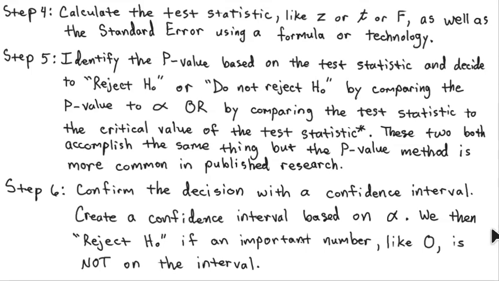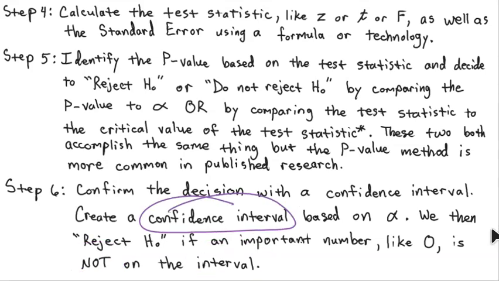If you have, basically all you do is create a confidence interval based on the alpha. The alpha helps you determine what the percentage confidence interval is going to be. And then once you have the confidence interval, you basically reject the null hypothesis if some important number, oftentimes that number is 0, is not in the confidence interval.